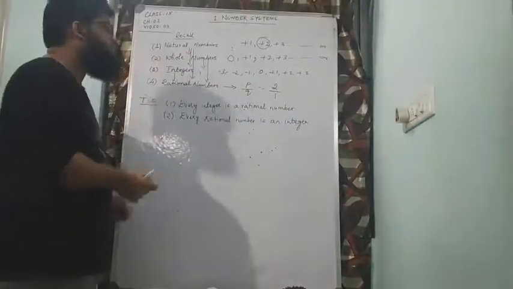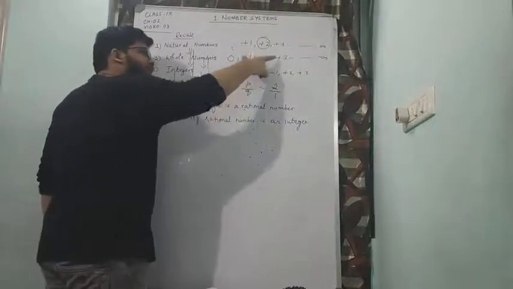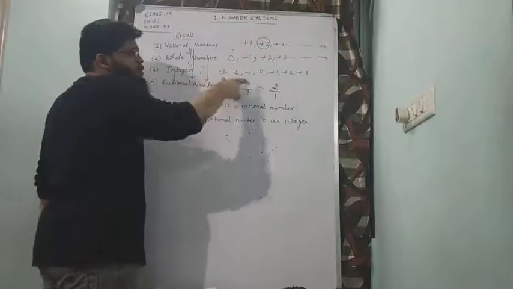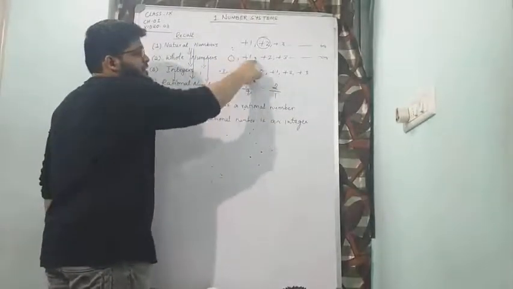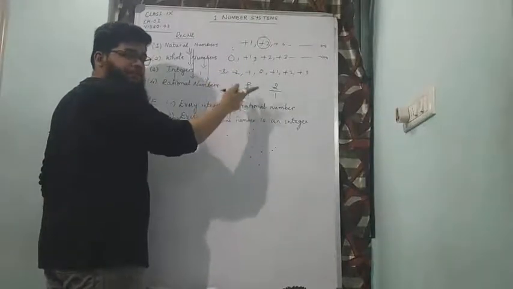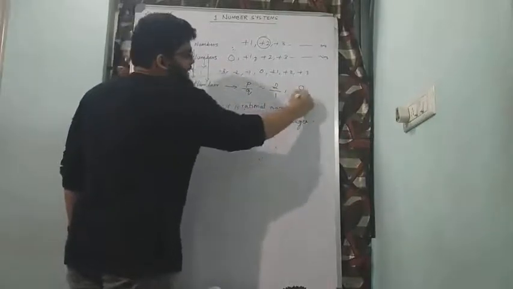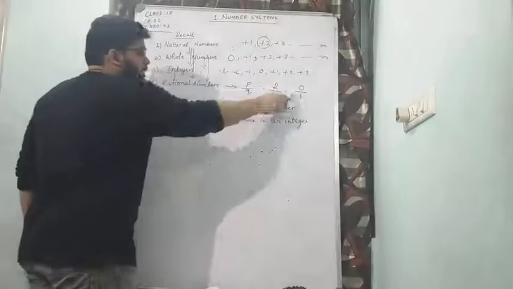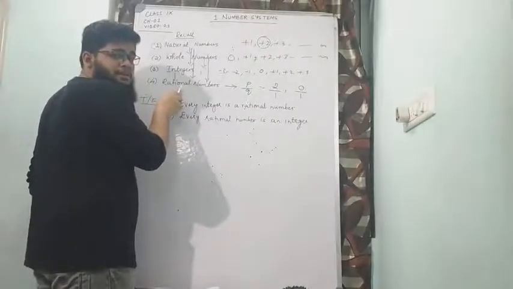Coming to whole numbers, all whole numbers are also integers, because every number that is present in whole numbers will also be present in integers. And one more thing, all the numbers in whole numbers can be written in the form of p by q, or like a fraction, including 0. If I have a whole number like 0, I can write 0 as 0 divided by 1, which is in the form of p by q, and therefore it becomes a rational number.